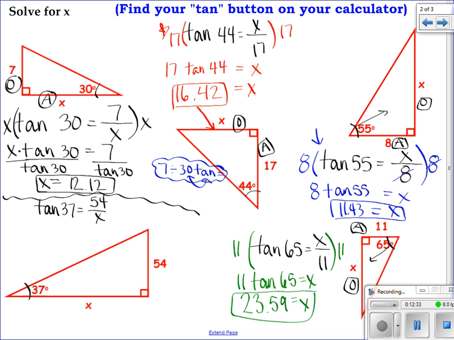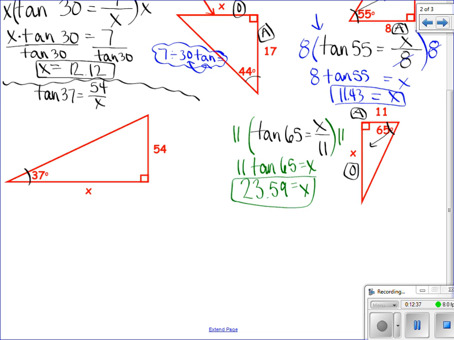This last one. Tan 37 equals 54 over x. Process never changes. We always multiply by whatever's in the denominator. The x's canceled out, leaving us with just 54 on that side. And now we need to get x by itself, because that's what we're trying to solve for.